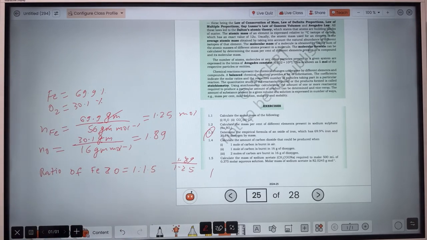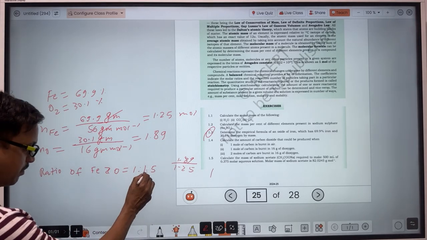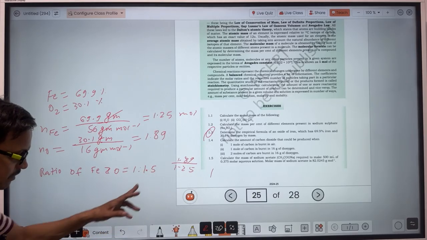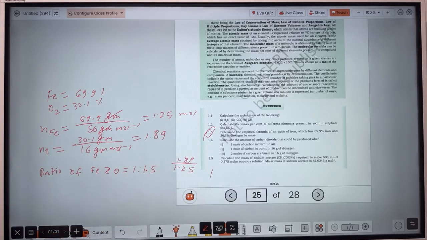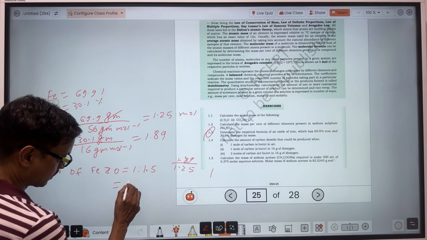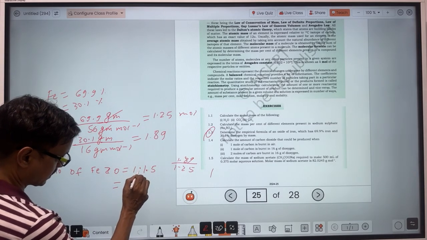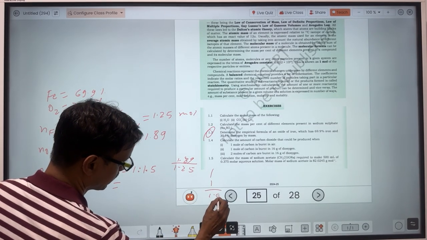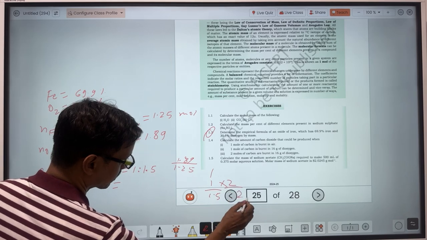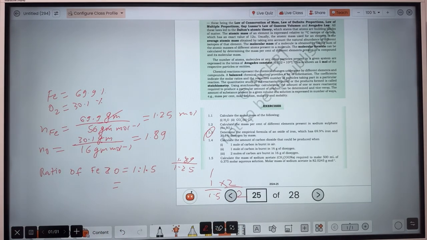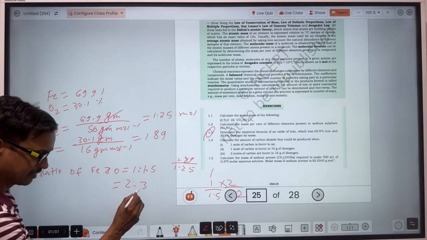You will have to make them a whole number ratio. So if you multiply by 2, that becomes 3. So multiply both of them by 2. That means 1 to 1.5 becomes 2 to 3.